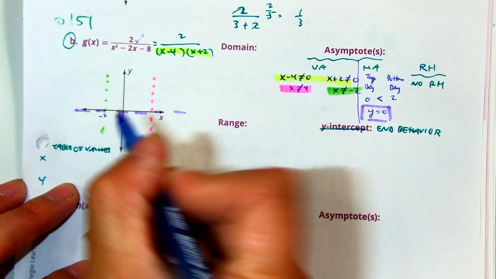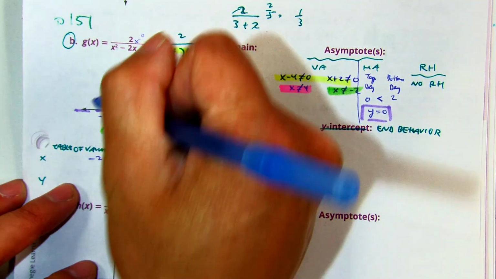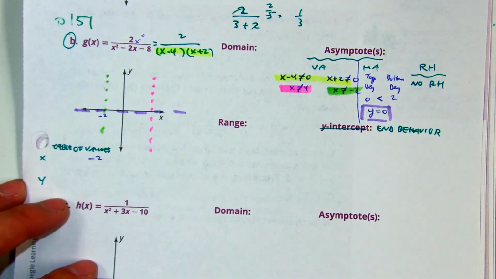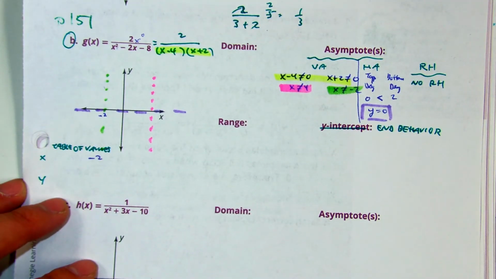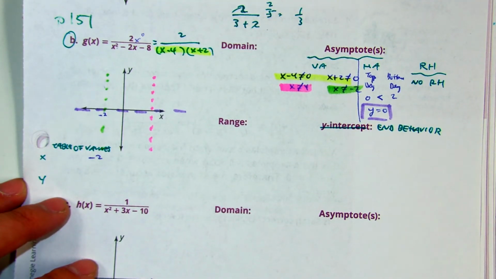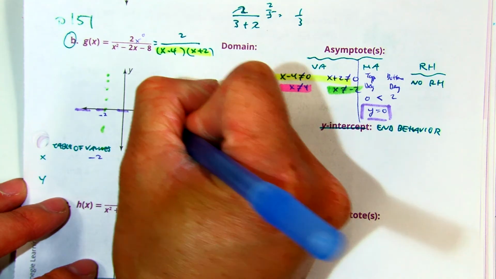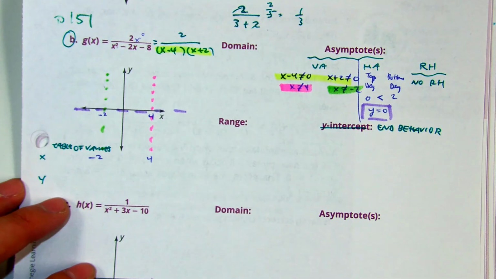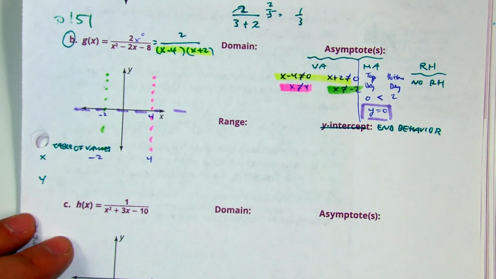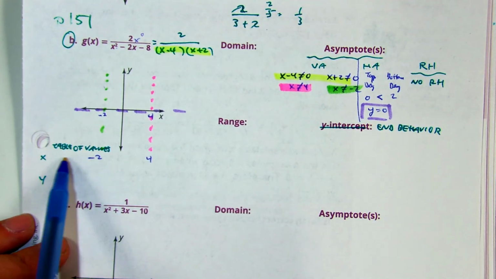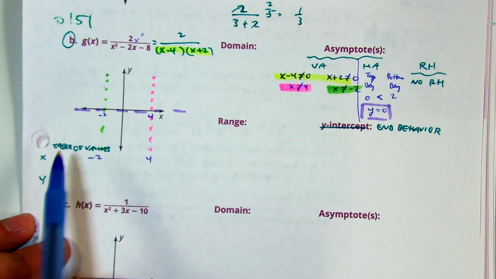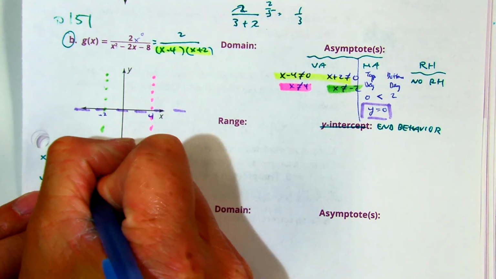So on my table of values there, it's going to be -2. What's the number at the pink one? Correct. And what I'm going to do here is pick two numbers to the left of this vertical asymptote. -4, -3. You could have chosen different numbers.